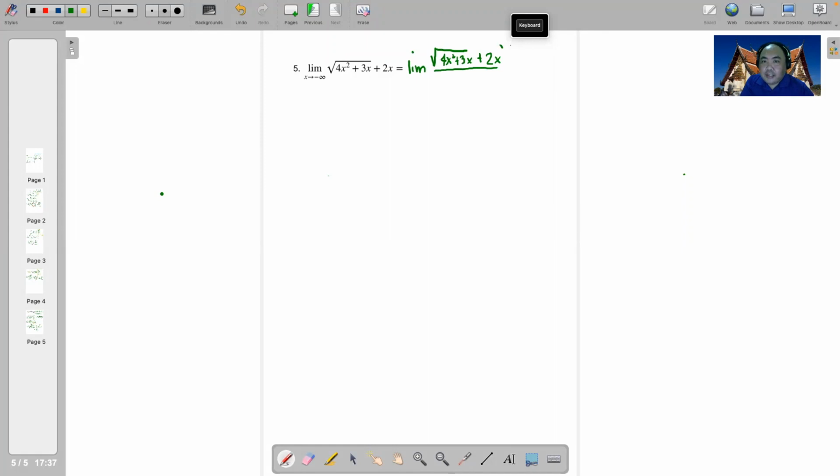Then, like I said, we multiply this with its binomial conjugate, square root of 4x squared plus 3x minus 2x, divided by the square root of 4x squared plus 3x minus 2x.